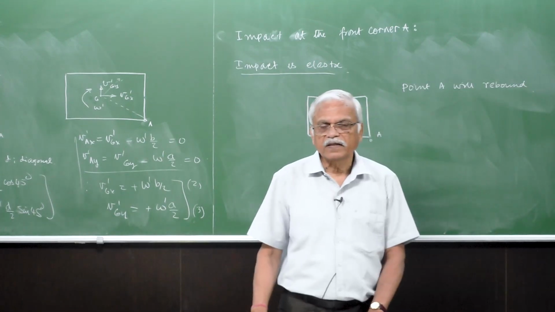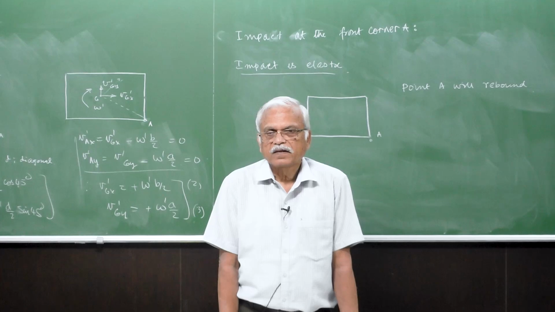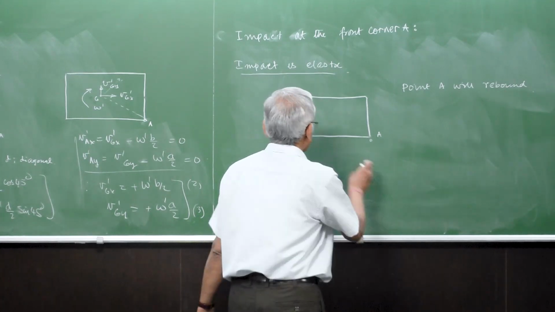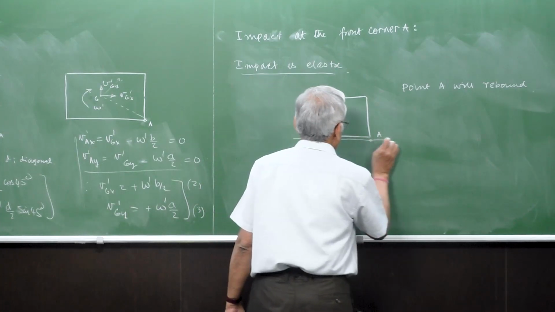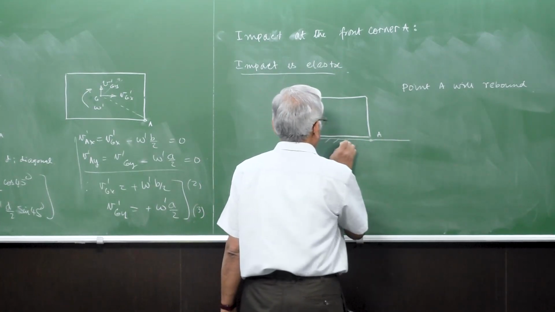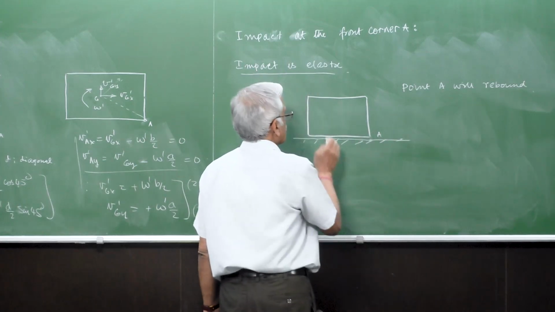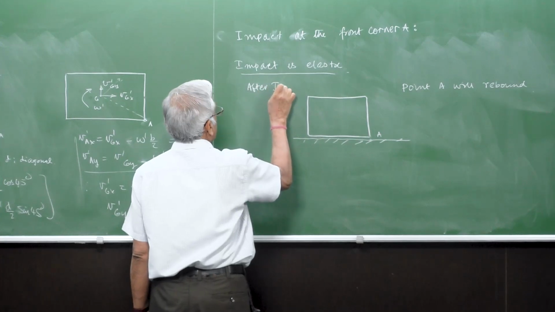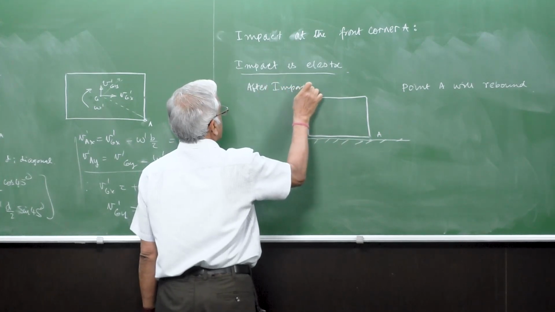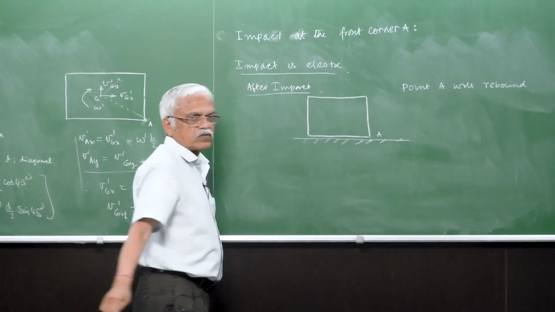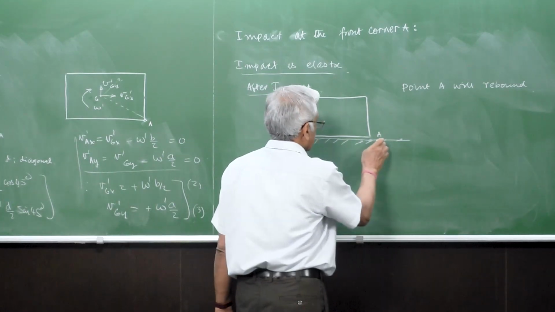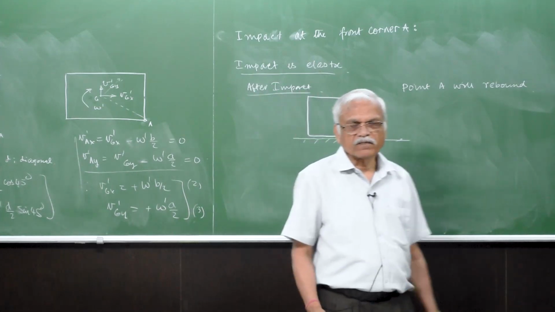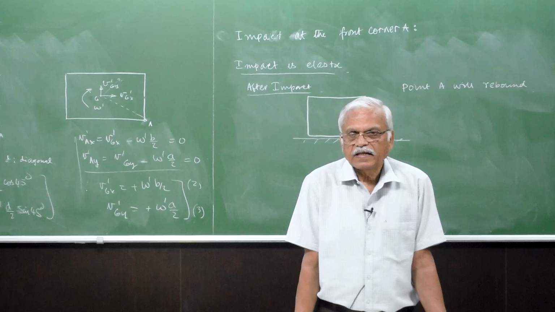But this rebounding is of a certain nature. If A is going to rebound, there is a ground here, so it has a certain restriction.